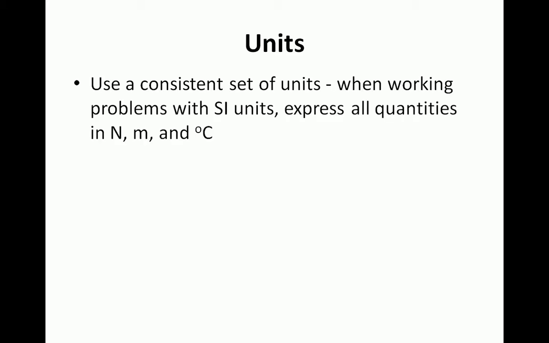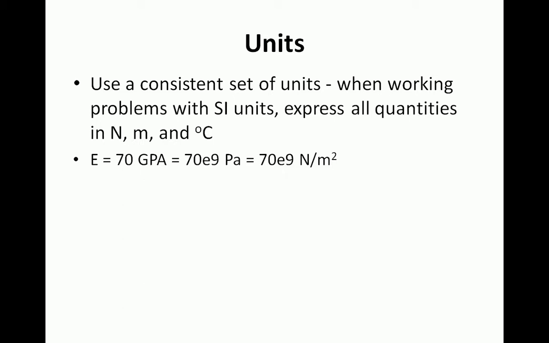Now, one thing about using SI units is that, again, I see a lot of students will make a mistake working here because you've got a lot of things going on, millimeters, kilonewtons, gigapascals, etc. So I recommend that you express all your quantities in these basic units of newtons, meters, and degrees C. So for example, the Young's modulus is given as 70 gigapascals.